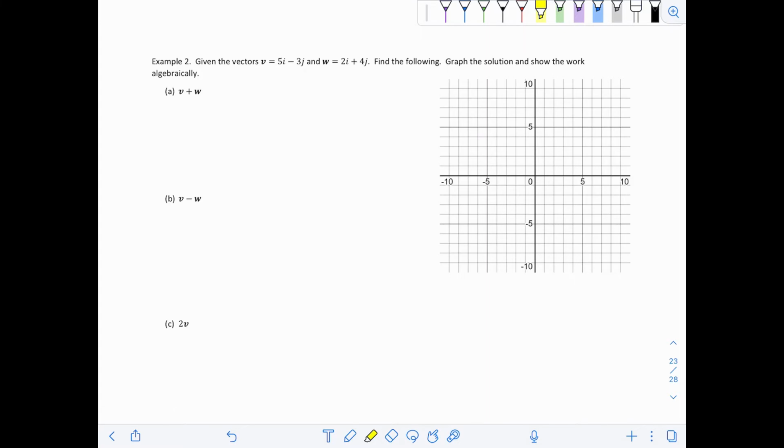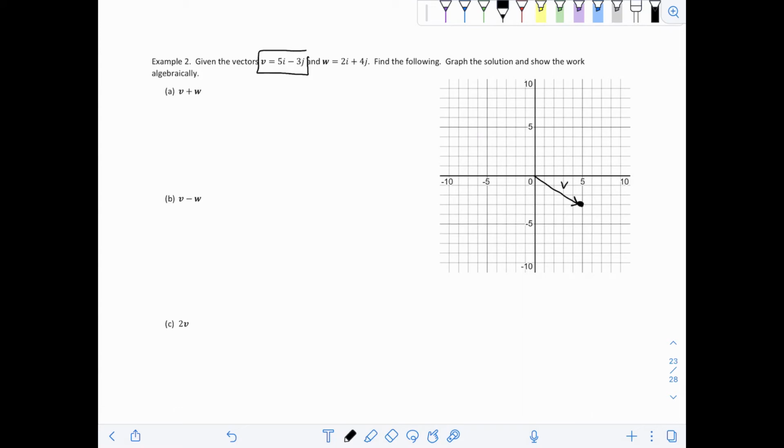So I'm going to start by drawing the first one at a starting point of 0, 0. So if I start at 0, 0, 5i minus 3j would be 5, -3 right down here. This is our vector v.